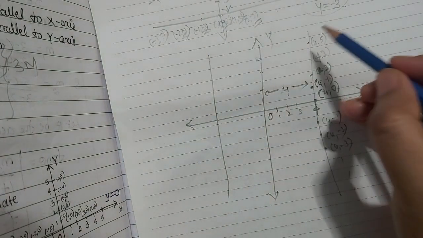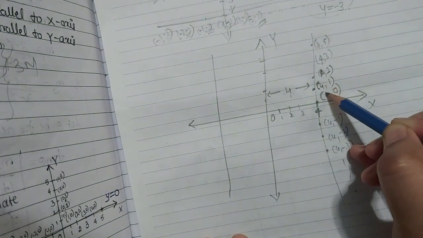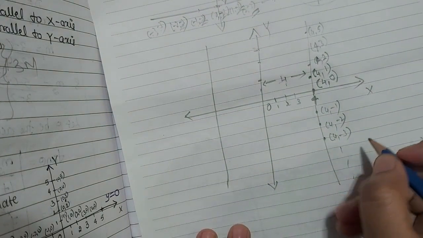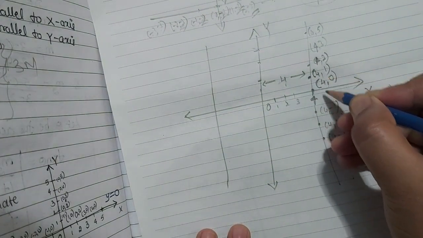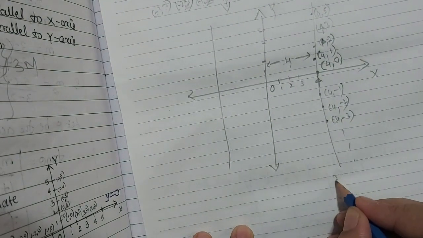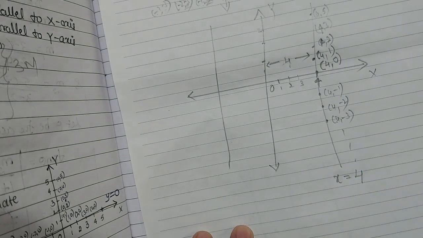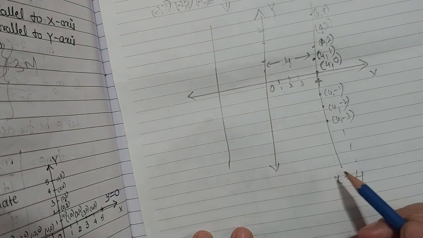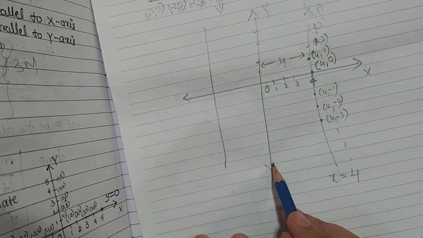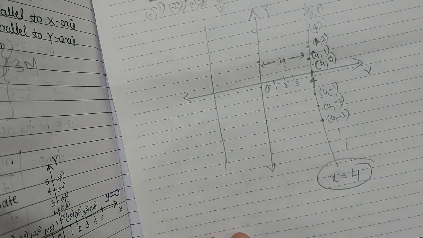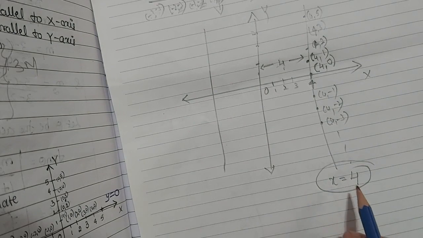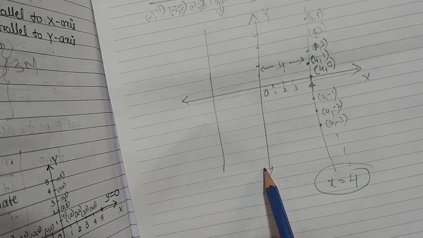The x coordinate of each point on this line is 4, which is the general condition we can see in the given points that represents the equation of a line parallel to y-axis, which is x is equal to 4. Okay, x is equal to 4 is the equation of a line which is parallel to y-axis.